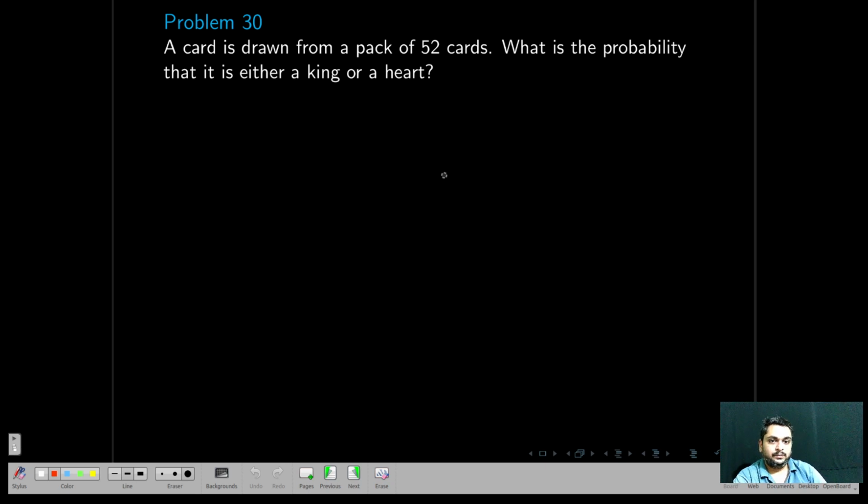Next, a card is drawn from a pack of 52 cards. What is the probability that it is either a king or a heart? See, there are 13 hearts, spades, clubs, and diamonds, 13 in each of these 4 categories, and each has one king.